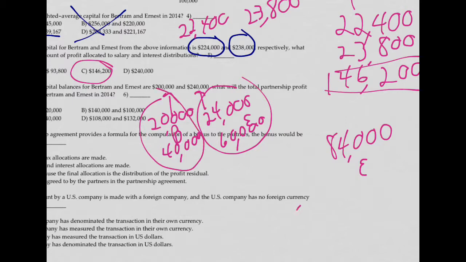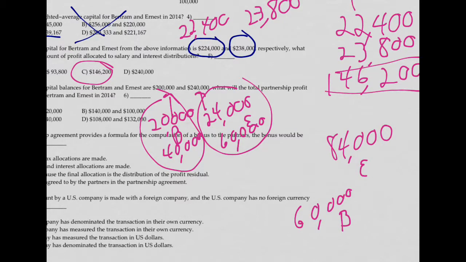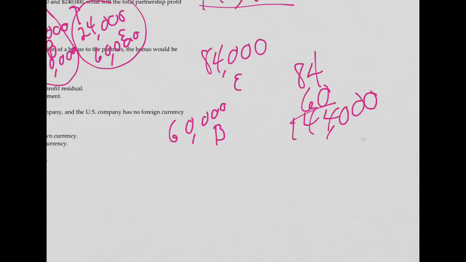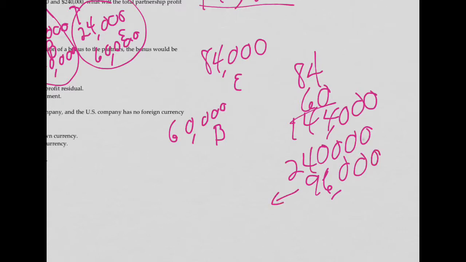Over here we've got 60 going to Bert. The total of those two together is, I might as well not do it by hand, 144. Total income is 240, so that leaves 96 to go. That's 48 because it's half and half.